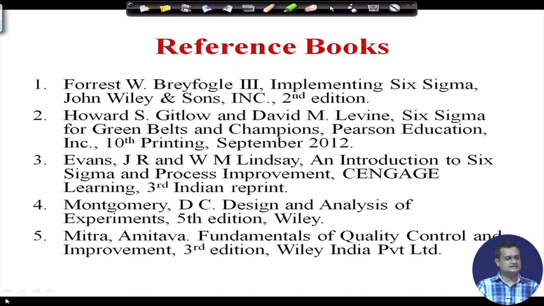Then Howard S. Gitlow and David M. Levine, Six Sigma for Green Belts and Champions, Pearson Education. The third book is Evans and Lindsay, An Introduction to Six Sigma, Montgomery, and the final one is Amitava Mitra, Fundamentals of Quality Control and Improvement.